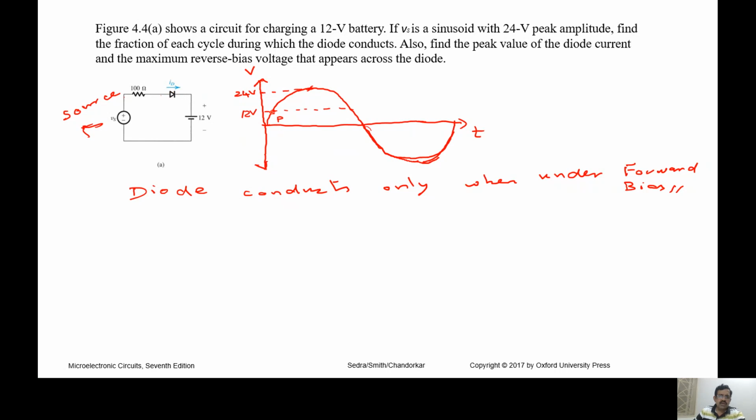So we have to get to 12 volt to start seeing the conduction. That too because we are considering an ideal diode, so there is no potential drop across the ideal diode. So when it is 12 here and when it is 12 here, we can see the conduction. Right there it will increase, and we can see this curve going like that.